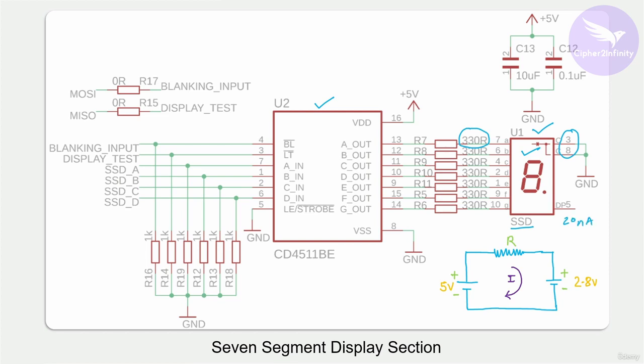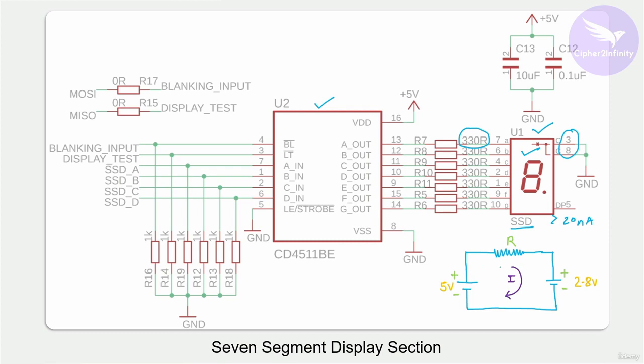So if you try to provide a current greater than 20 milliampere, then that LED will get damaged. So you have to make sure the current flowing towards this LED is less than 20 milliampere. And we have already discussed the calculation when we discussed the power LED of the power supply section.